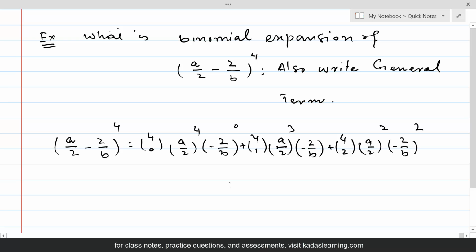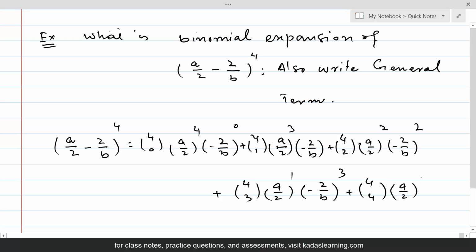So plus 4C3 (a/2)^1 into (-2/b)^3 plus 4C4 (a/2)^0 into (-2/b)^4.